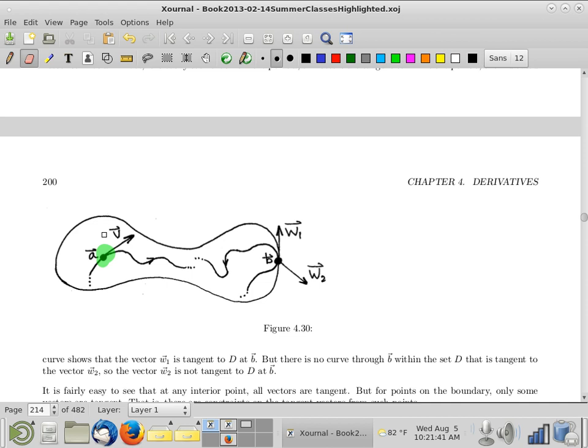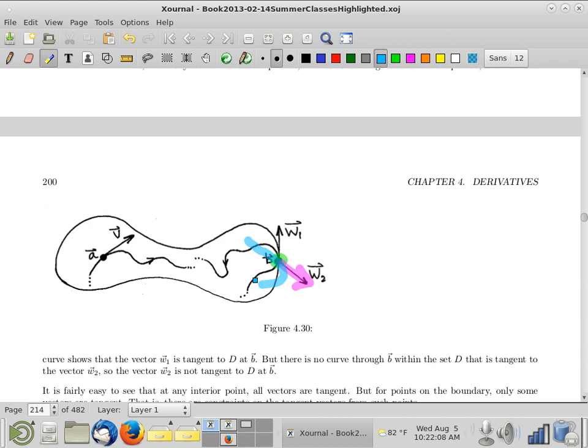Okay. On the other hand, let's look at this point. At that point B, is W2 a tangent vector? Nope. Right? There's no way. You just can't do it. There is no way that you can stay in the set with a parametric curve that goes through the point B and furthermore has that W2 velocity.